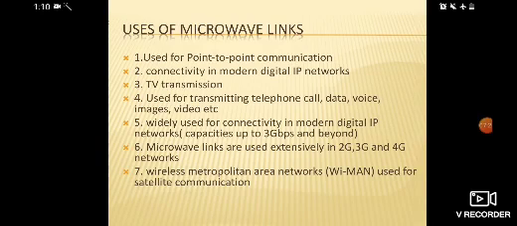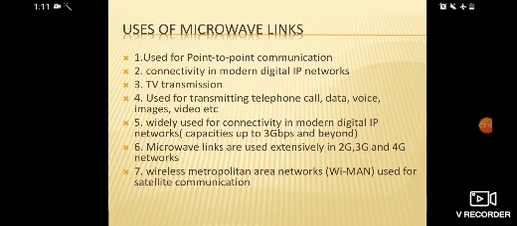Initially, the microwave link performs the same function as copper wire, coaxial cable or fiber optic cable, but in a different manner. By different manner I mean by using point to point microwave transmission between repeaters.